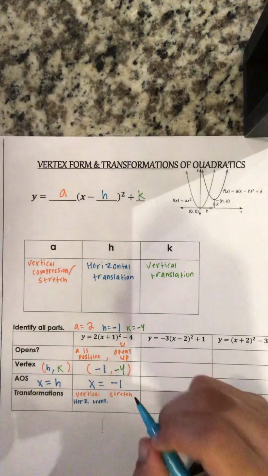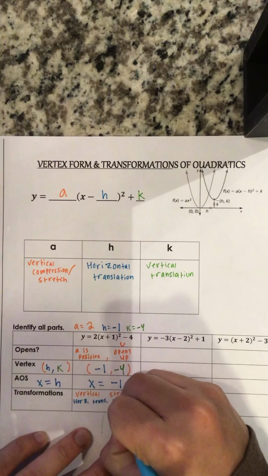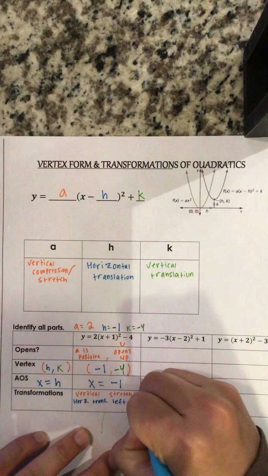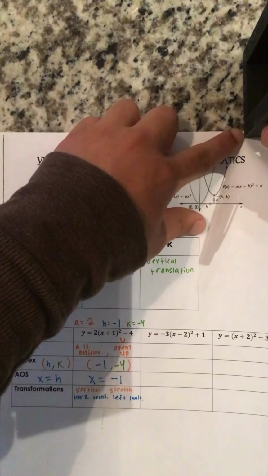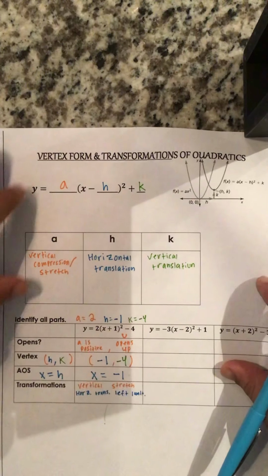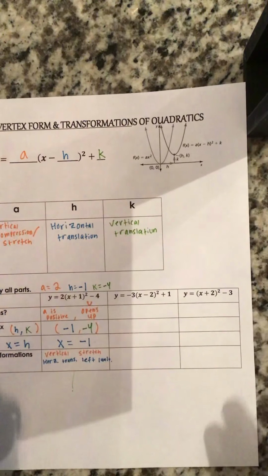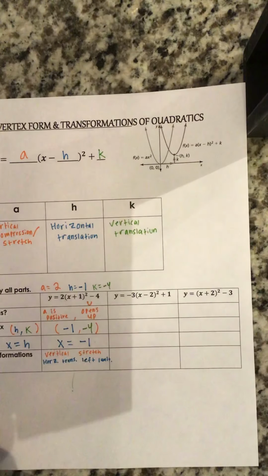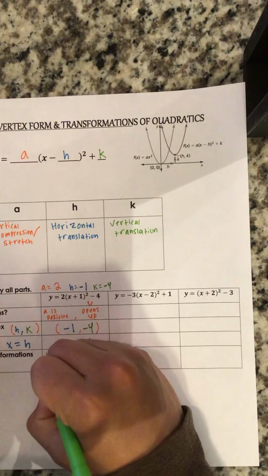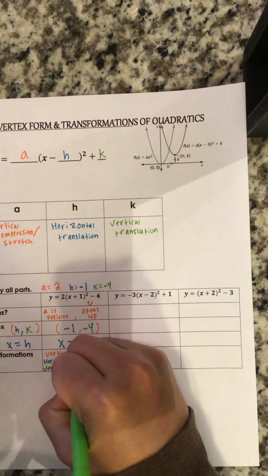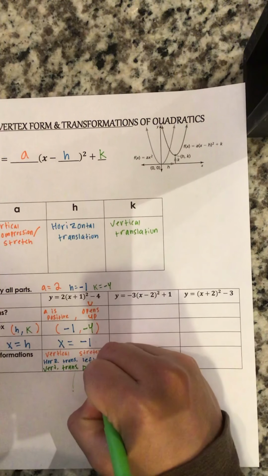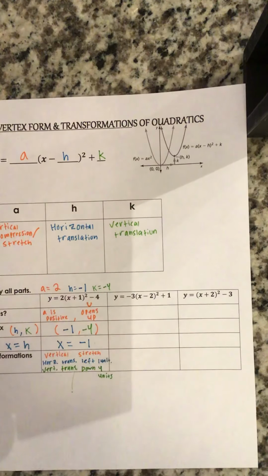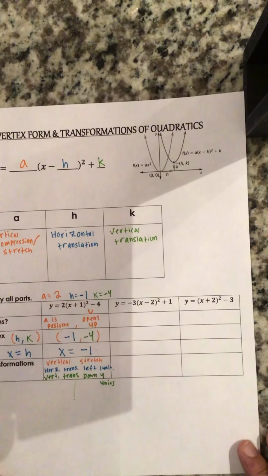So +1 means I'm going to the left 1 unit, okay? So it's a horizontal translation to the left 1 unit, okay? And then the last translation is the -4. That one's the easy one. That means I have a vertical translation down, since it's -4 units, okay? And that's it. We're done with that one, okay?